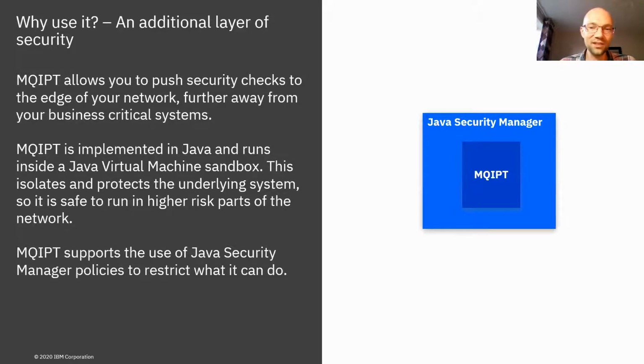To add additional security, you can run MQIPT within the Java Security Manager, and you can set the Java Security Manager configuration to only let MQIPT access the certain files that it needs to on the machine, or to access certain IP addresses, or to receive connections from certain hosts, all sorts of things like that.